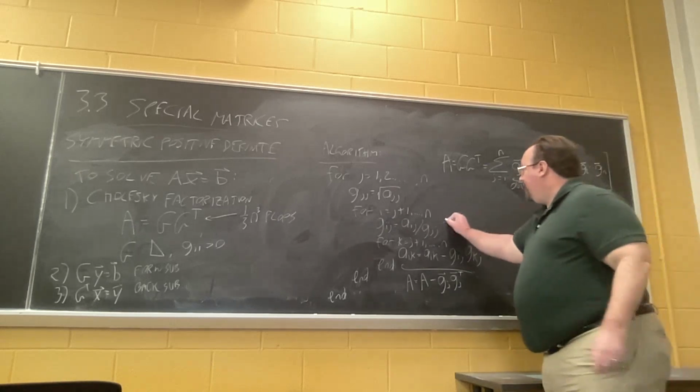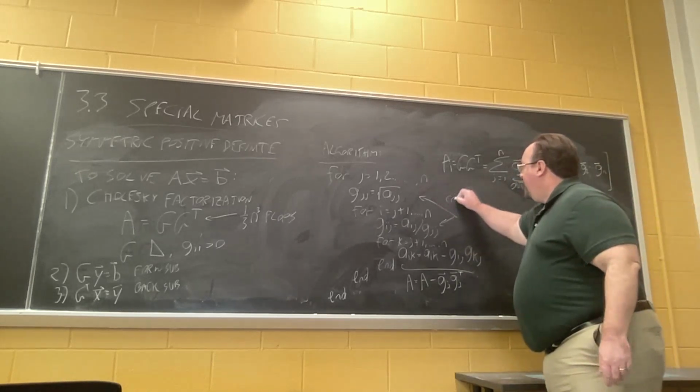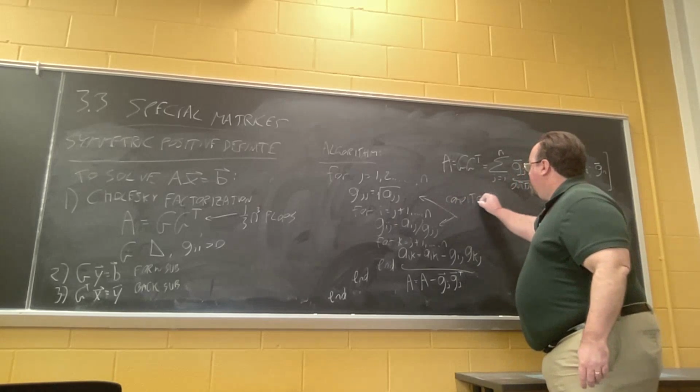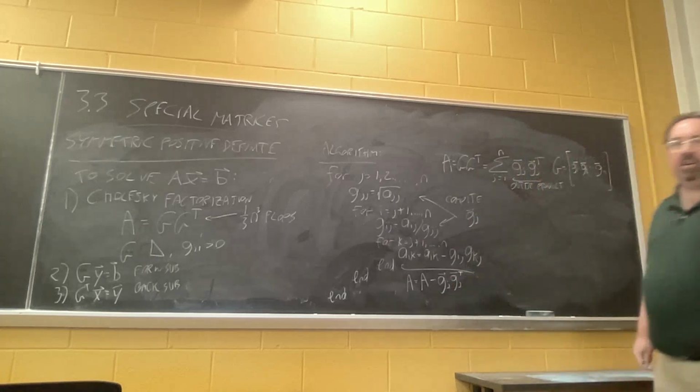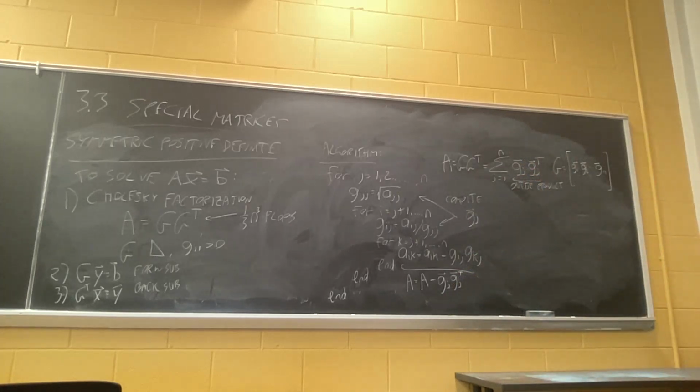So the idea is that these two lines are meant to compute the vector Gj before subtracting off the outer product. In fact, the outer product of two vectors is a matrix consisting of all possible pairwise products of elements of both vectors.